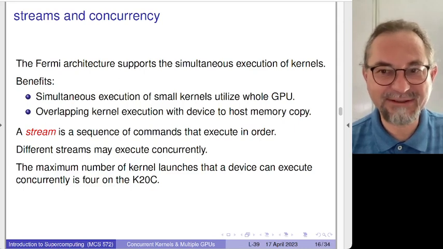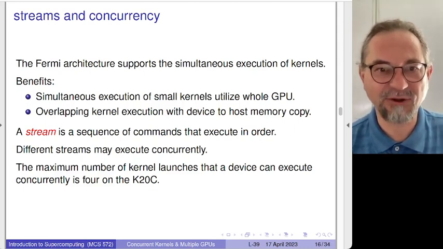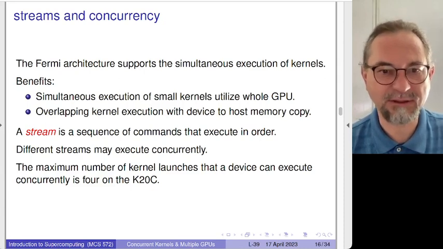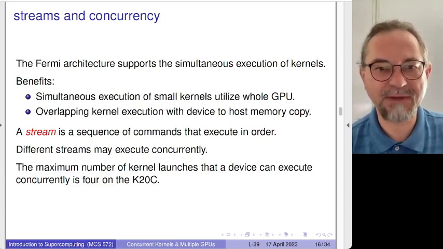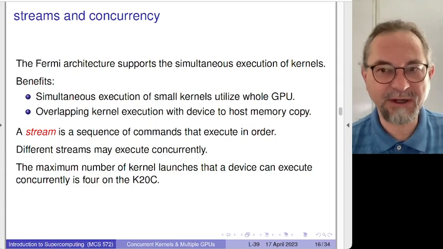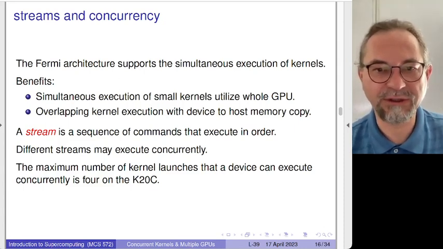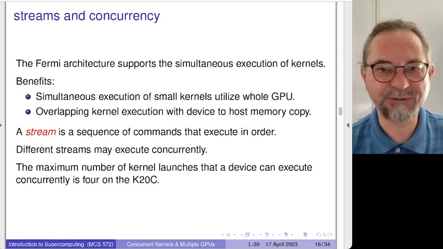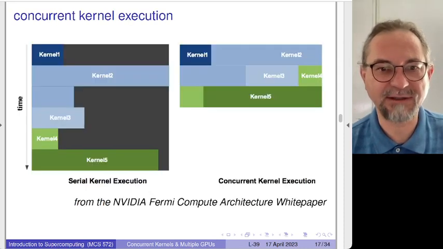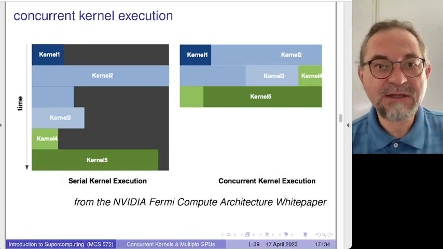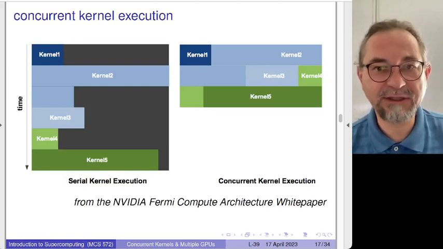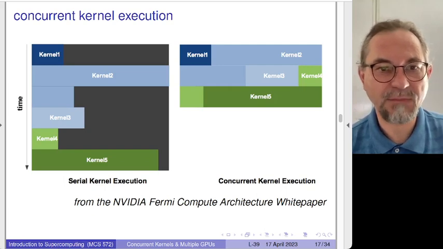So I prepared these slides in earlier runs of the course when I was using Kepler, and there I got that 4 was the maximum number of streams. I have been unable, or perhaps a little bit too lazy, to check what it is on the current GPUs, but I would gather that it's still 4. So here you actually see the concurrent kernel execution.